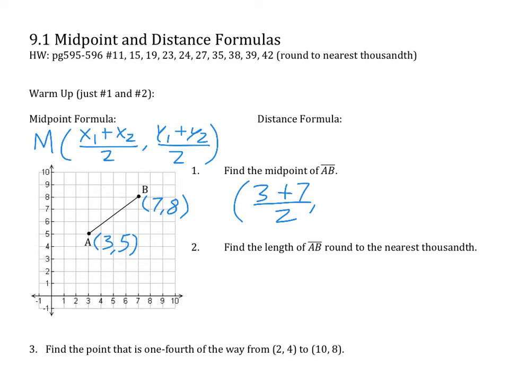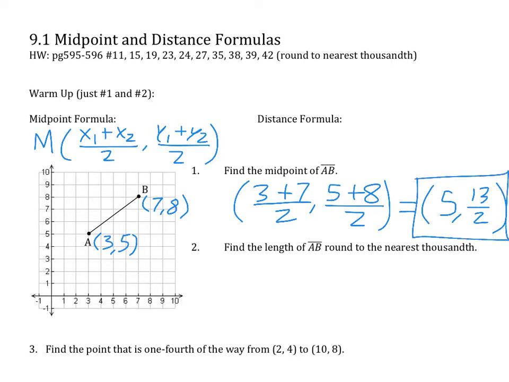Then we take the two y coordinates, 5 and 8, add them together, and divide by 2. So 3 plus 7 is 10. 10 divided by 2 is 5. And then we have a fraction, 13 over 2. So this is the midpoint of the segment AB.